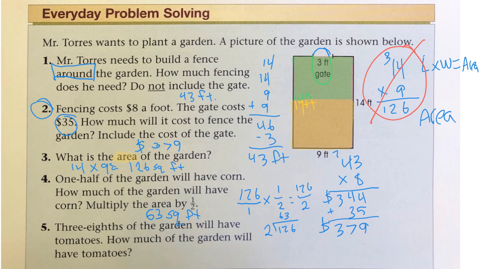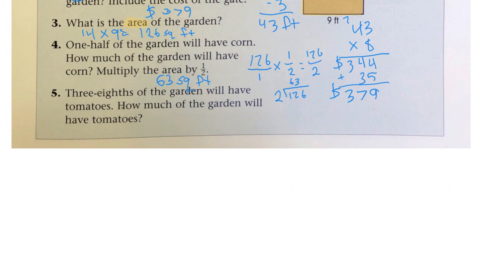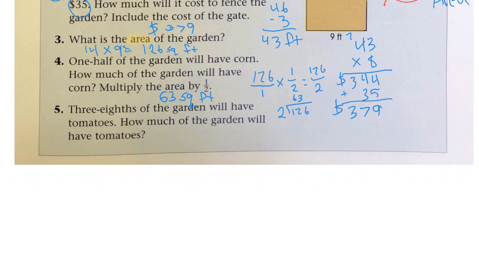Number 5, 3/8 of the garden will have tomatoes. How much of the garden will have tomatoes? So if we multiplied the full amount by 1/2 to find how much area is corn, we can do the same thing to find out how much will be tomatoes. So if we multiplied the 126 of the full area of the garden times the 3/8 of the garden that will be tomatoes, we can make this into a fraction.